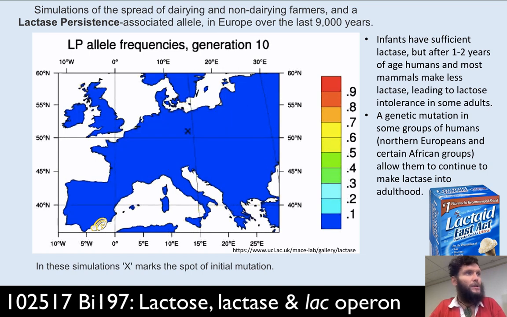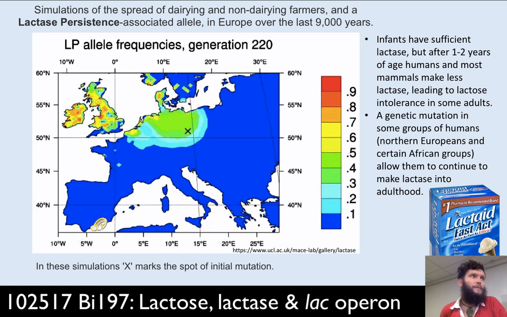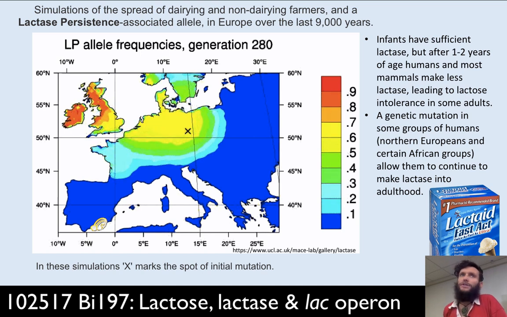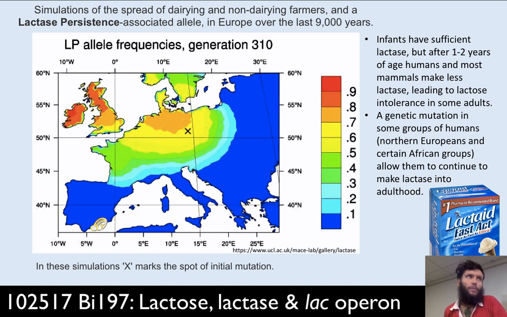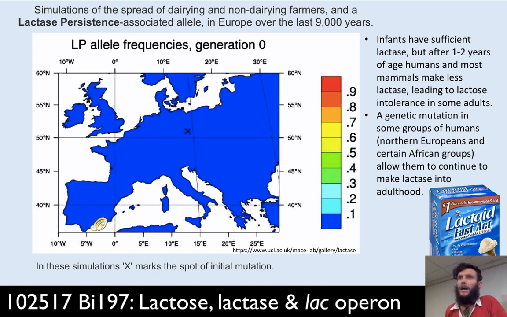Okay, so this cool GIF that I have up here shows a computer simulation from some researchers in the UK. You can see the reference down there, where they did a broad genetic sampling across people of Northern Europe, and they traced back the initial site of where the genetic mutation happened.